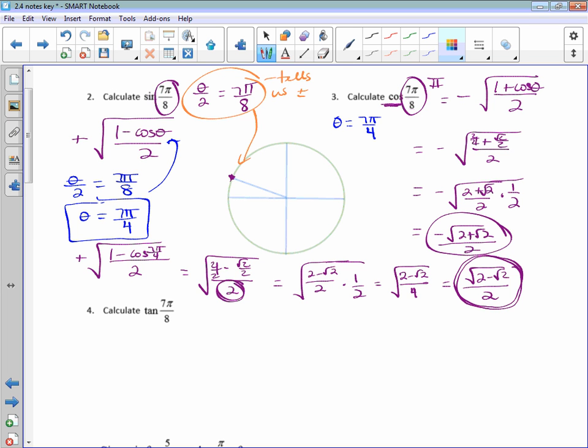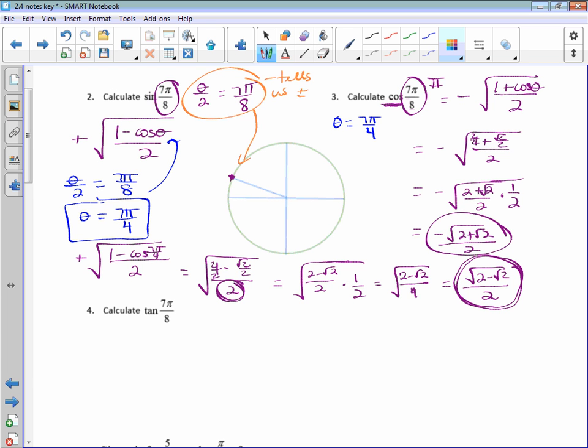I couldn't see what is... It was 1 plus the cosine of 7 pi over 4 is root 2 over 2. 1 becomes 2 over 2, though, so that I have common denominators. It was a 1, and then I wrote over it. Wouldn't the cosine theta though be negative? 7 pi over 4 is in the 4th quadrant.